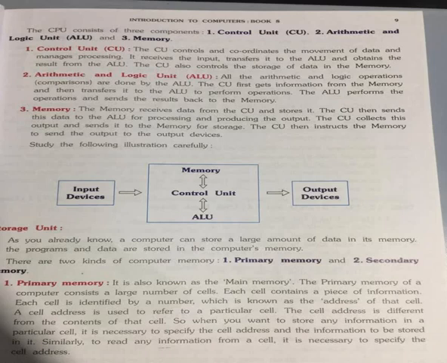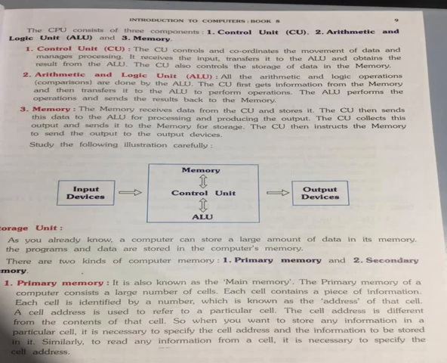The CU receives the input, transfers it to the ALU, and obtains the result from the ALU. When an arithmetic or logical operation comes, it transfers it to the ALU.